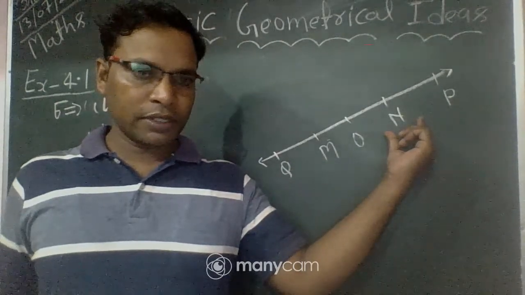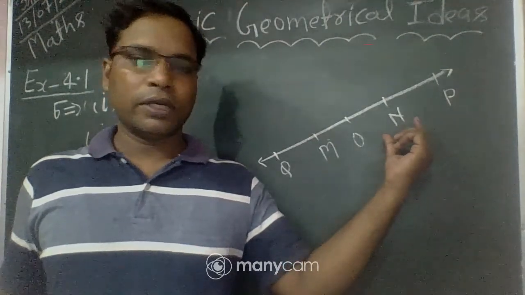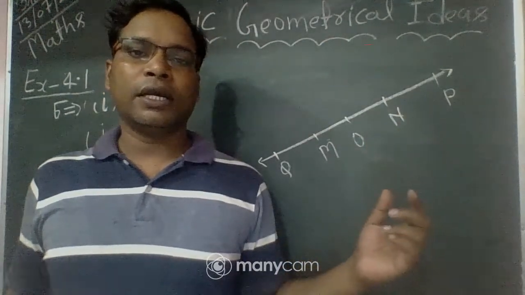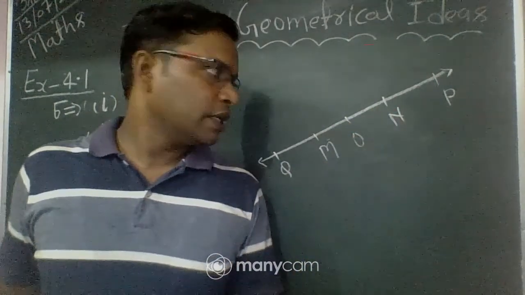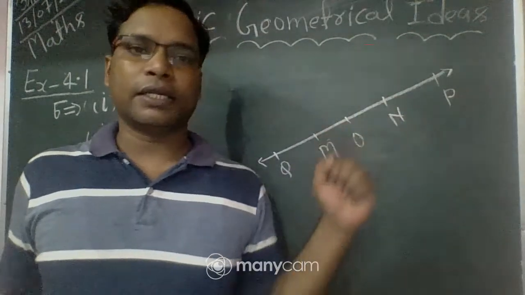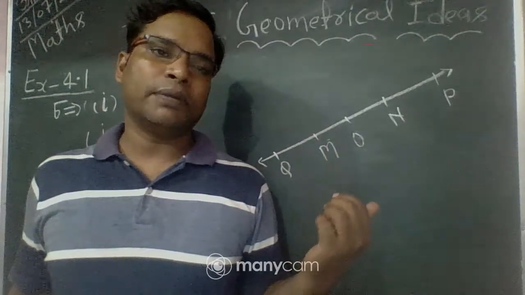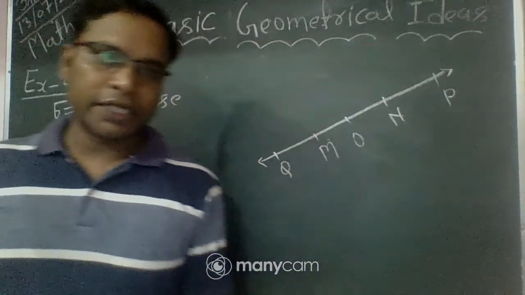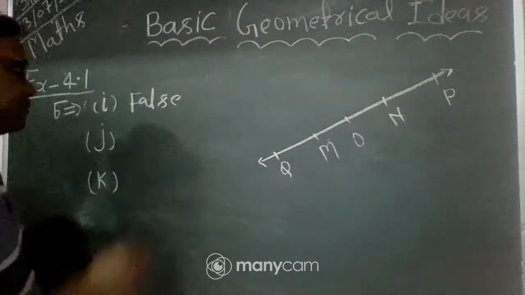N lies between point O and point P, but the question just told that N is not the initial point of ray OP. So this is a false statement. क्योंकि यहाँ पे आप देख रहे हो ray OP के अंदर N lie कर रहा है, but the question told that N is not the initial point of ray OP. So this is a contradiction according to this figure. So this is a false statement.